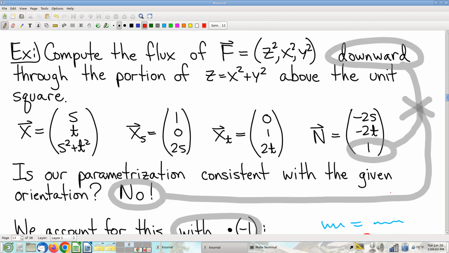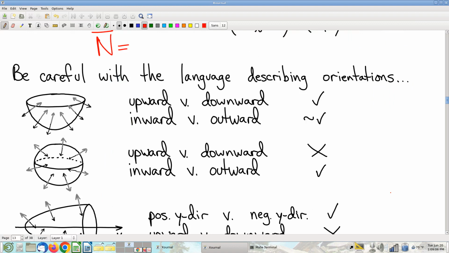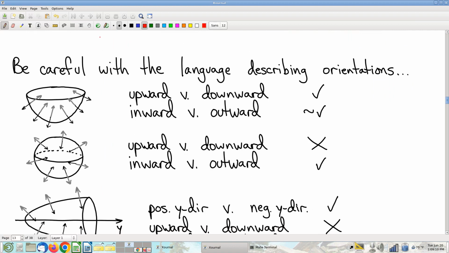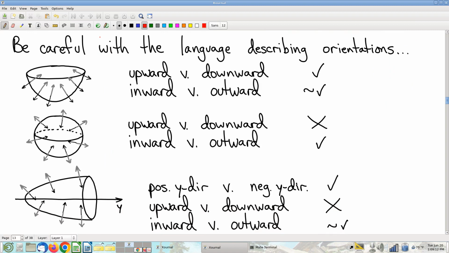Okay, so moving along, let's talk about terminology. When we talk about orientations, it is a little awkward. Take, for example, this surface here. There's two possible orientations we could have on that kind of cereal bowl, as it were.